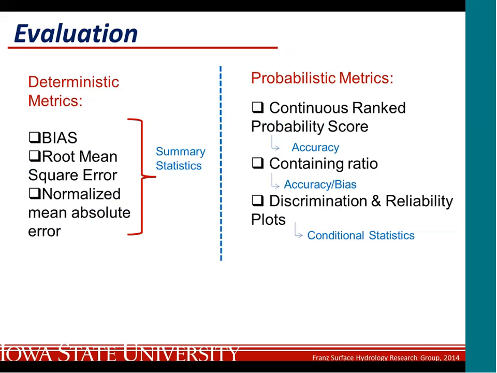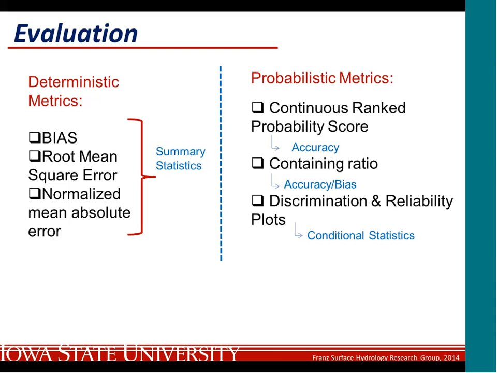After generating the hindcast for the non-DA and the DA situation, we then apply some evaluation metrics. I'm going to show you the results for simulation of streamflow as well as the hindcasting of streamflow. I'm going to look at bias, root mean square error, normalized absolute error, typical statistics that you see.